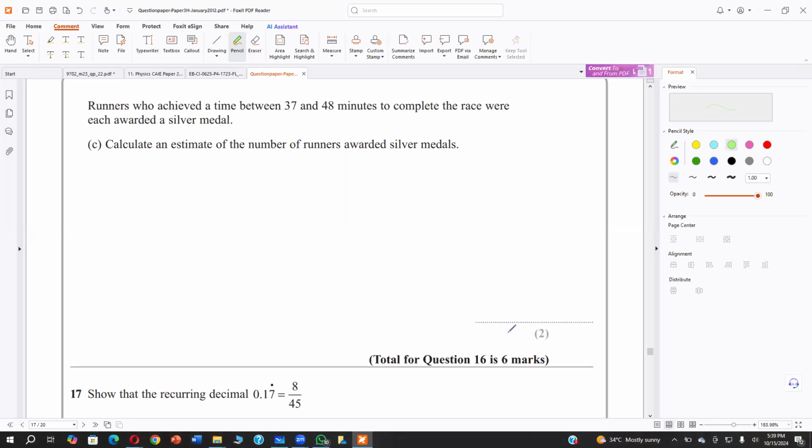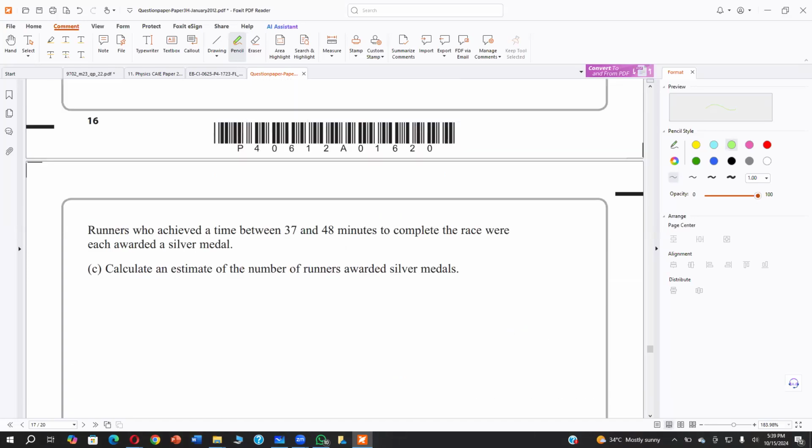Runners in the interval 37 to 48 are awarded silver medal. So 37 to 48.